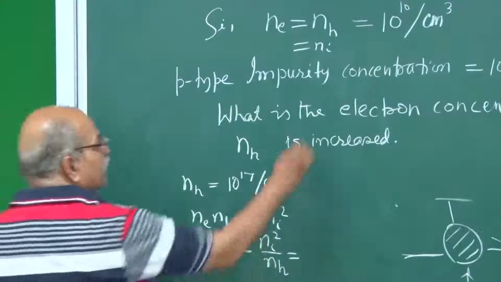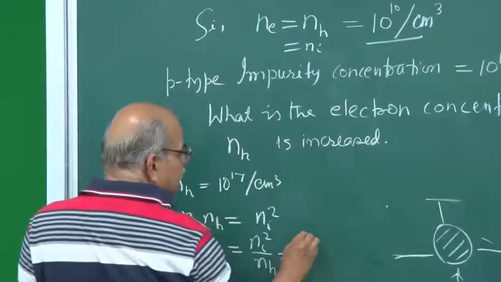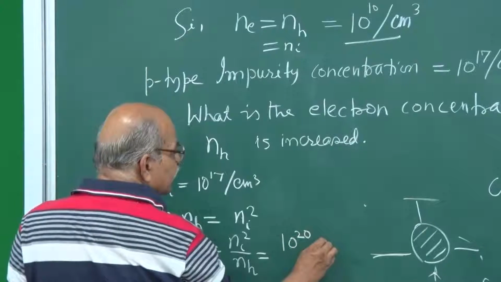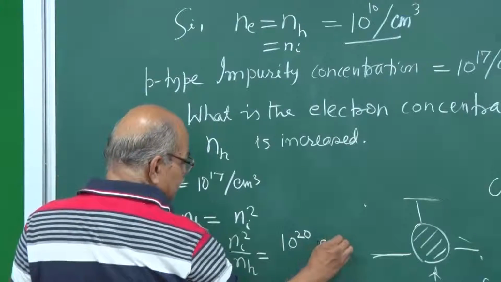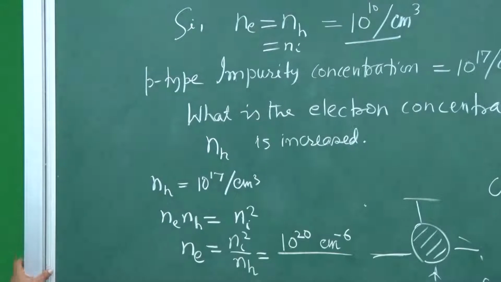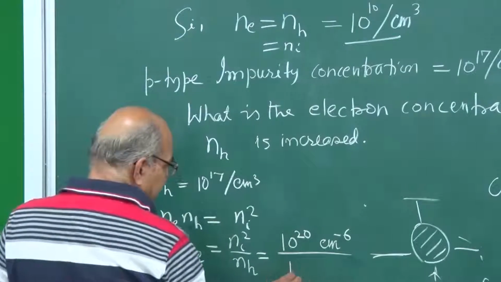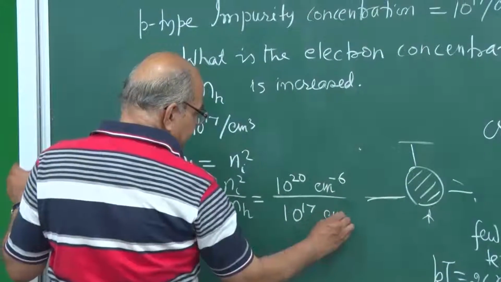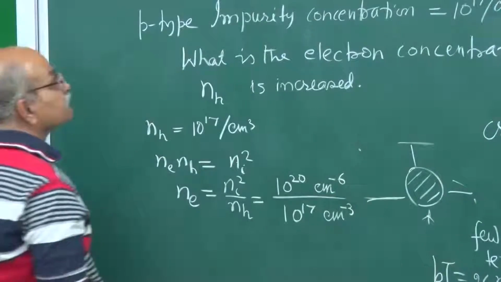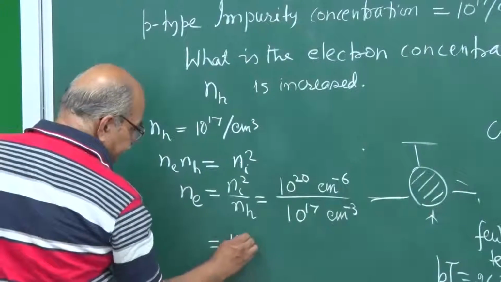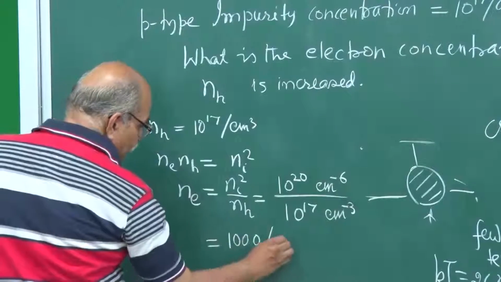Ni square is 10 to the power 10 into 10 to the power 10, that is 10 to the power 20 centimeter power minus 6, and Nh is 10 power 17 per centimeter cube, which is just 1000 per centimeter cube.